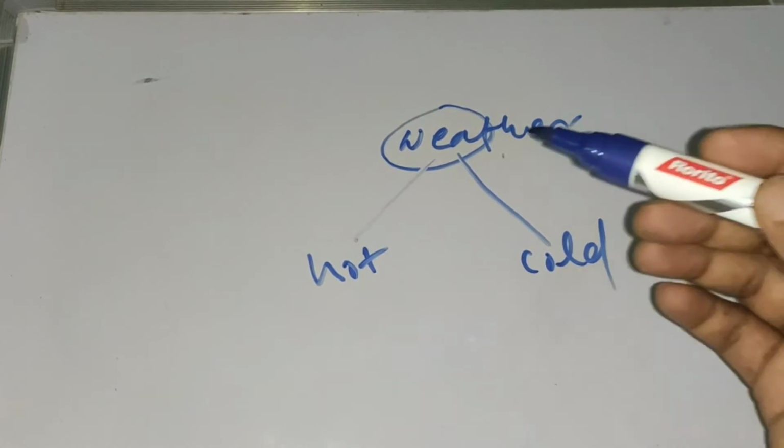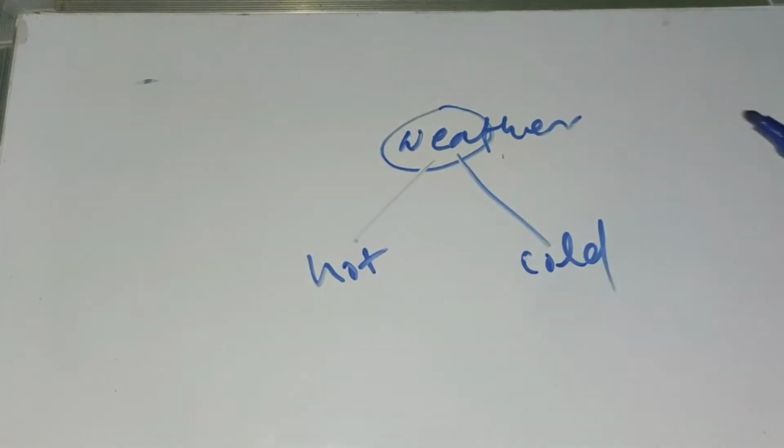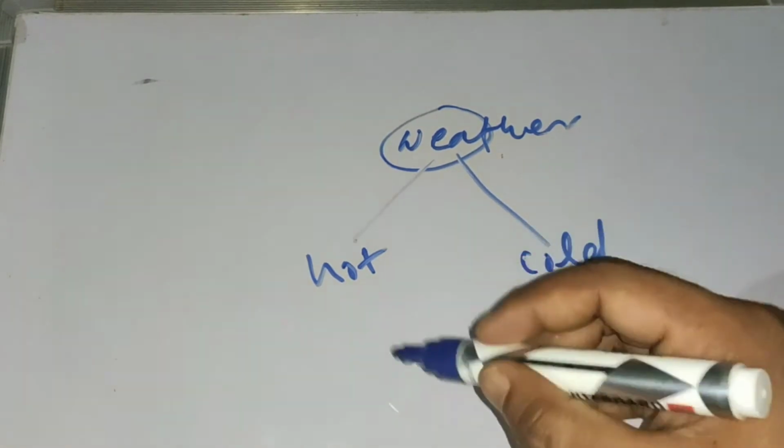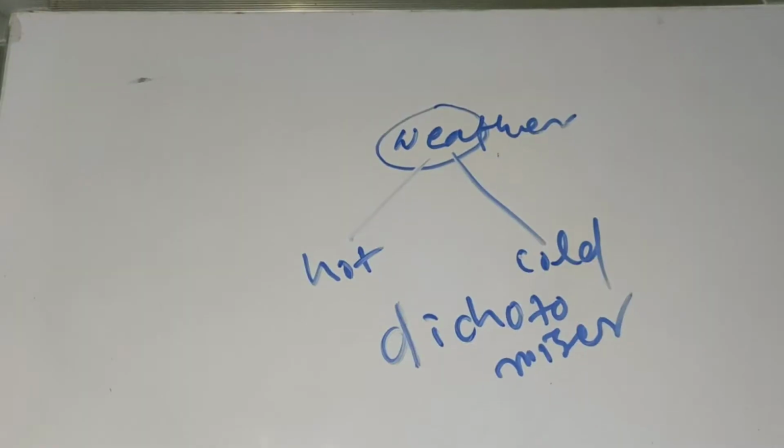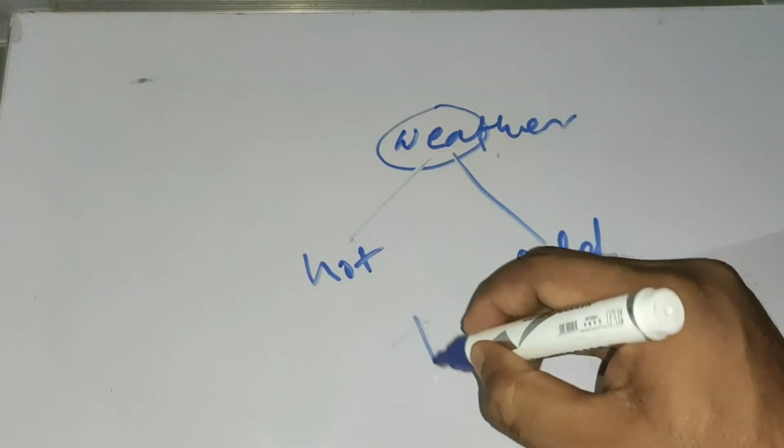This division of something into two opposite parts, like we have divided here hot and cold, is known as dichotomizer. So by using this iterative dichotomizer method, the decision tree algorithm works.